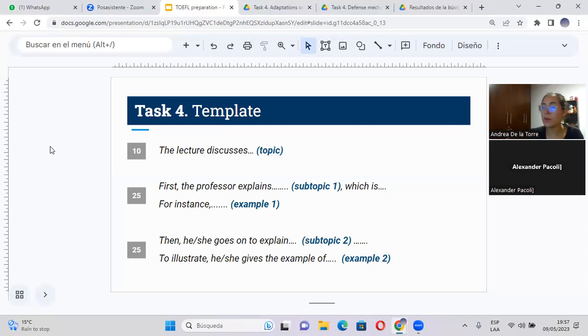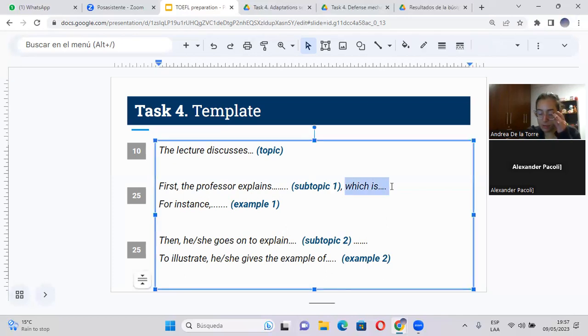You don't have to, like you did in the past with psychology and business topics, where we had a definition. You just say the professor explains that some animals have the ability to generate light. Only the subtopic, without any explanation. And then you go directly to the example. So for instance, the anglerfish, and then you explain the example, but not the subtopic.